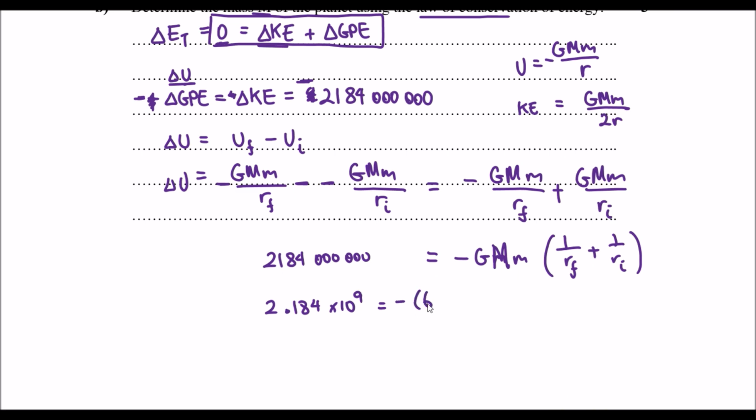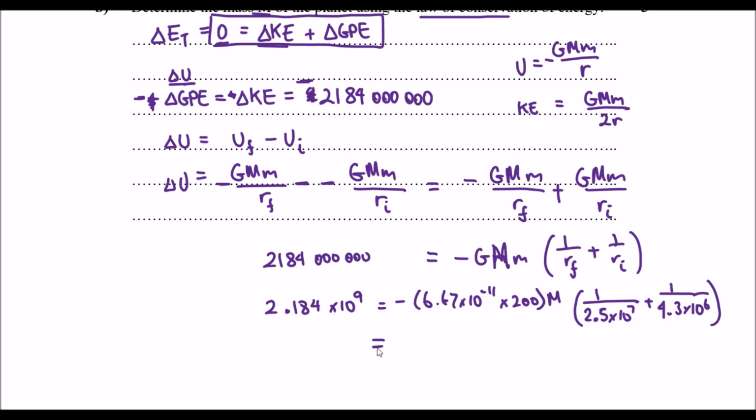So negative 6.6 times 10 to the minus 11 times 200 m, and then we have our radius values. And that's what we have.